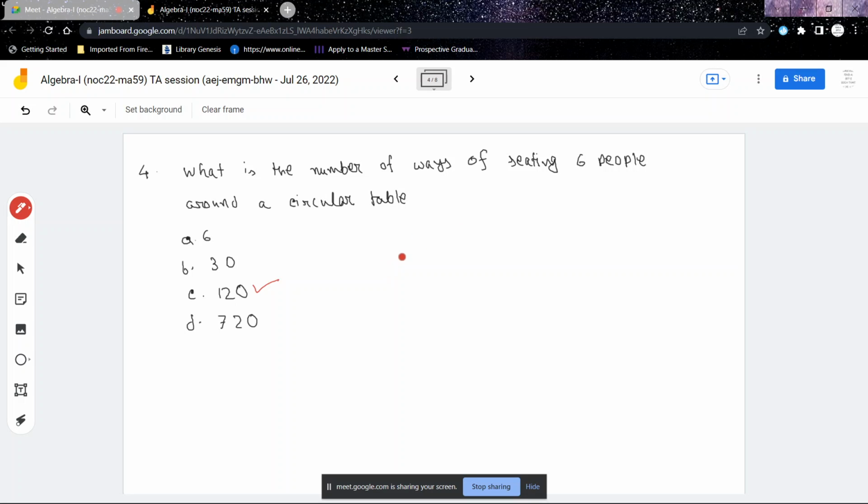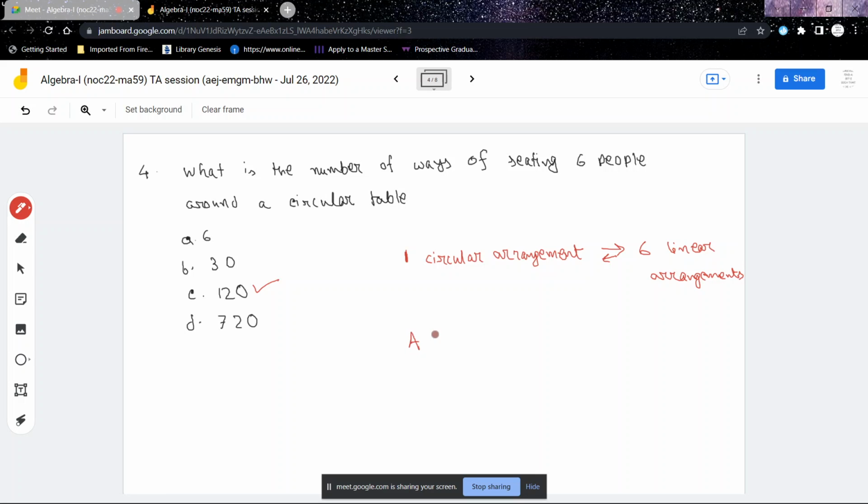So one circular arrangement corresponds to 6 linear arrangements, right?